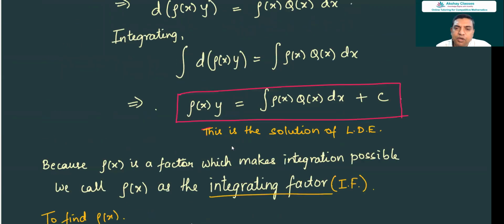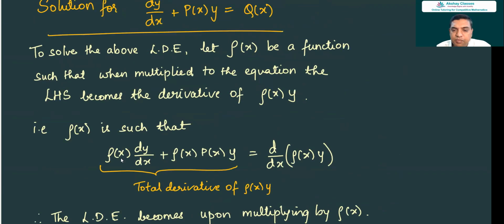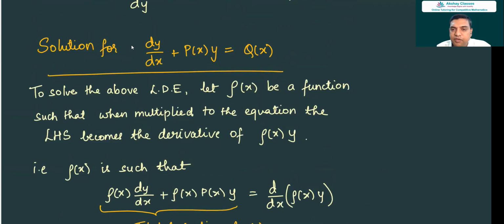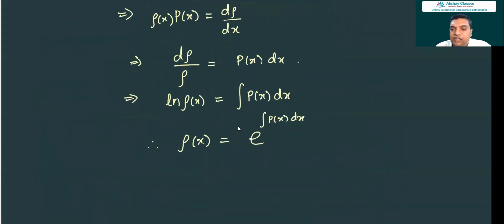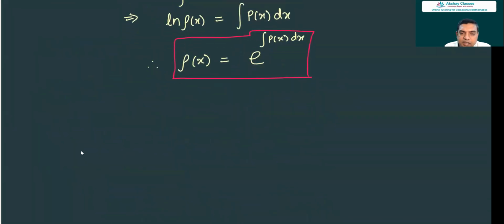And because rho is a factor which is multiplying the entire differential equation, the constant c doesn't matter. It may be 1, 2 or anything, doesn't matter. So without loss of generality, we can take the constant as 1. Therefore, we get this.